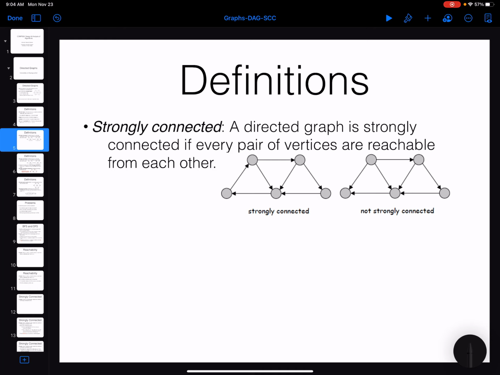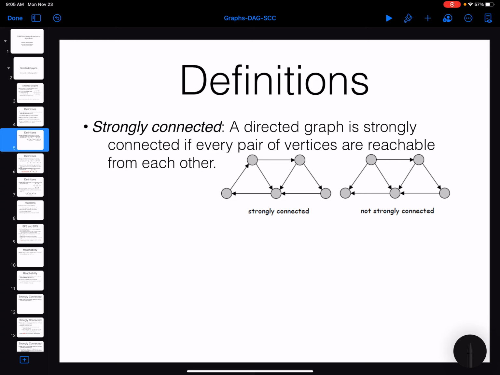So by changing the definition of connectivity, instead of saying that a graph is connected, you would say that a directed graph is strongly connected if for every pair of nodes in the graph, both are reachable from each other.